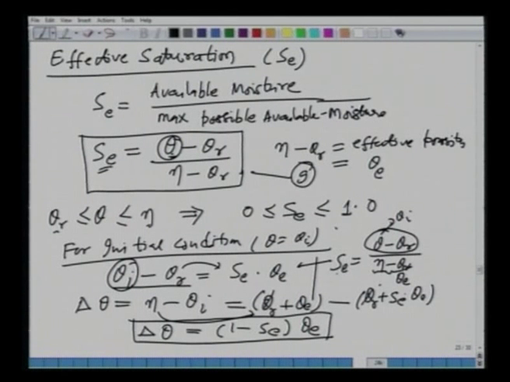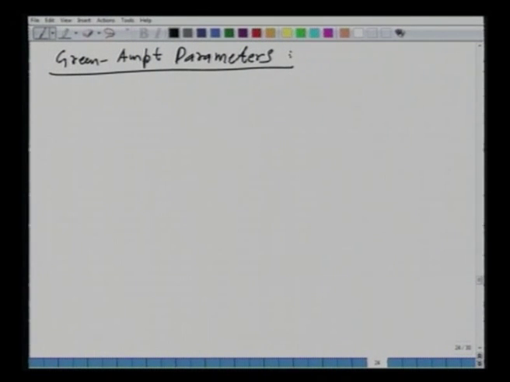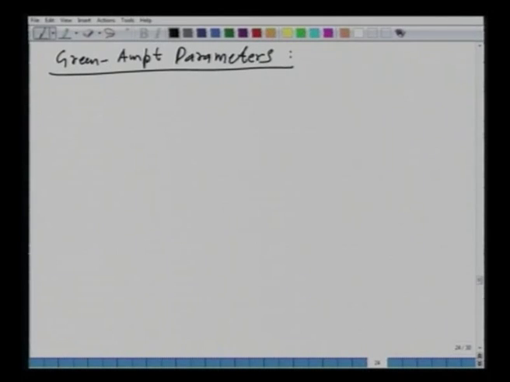Now, the last thing today we are going to look at is the Green-Ampt parameters. We have seen the derivation of the Green-Ampt equation, and it involves certain parameters that we need to know before we can calculate infiltration. For applying any model, as you know, we need to do the model calibration. Similarly, we need to find out the infiltration parameters, or the Green-Ampt parameters.